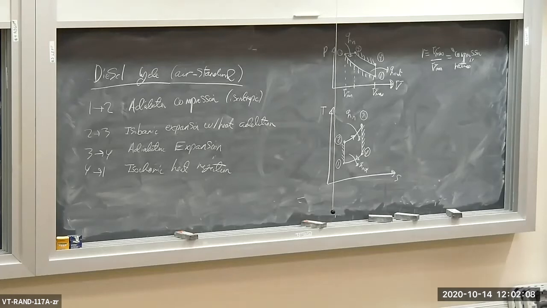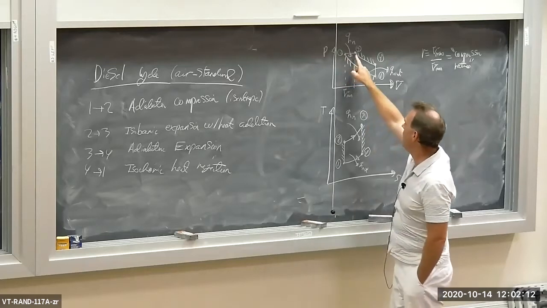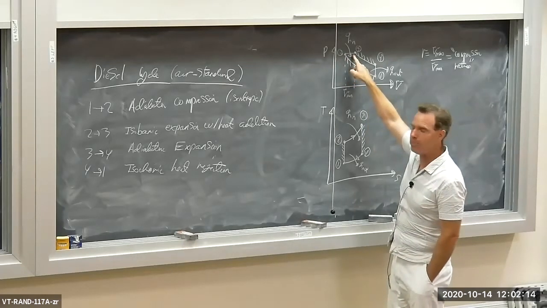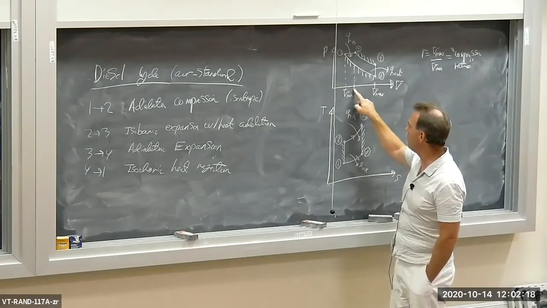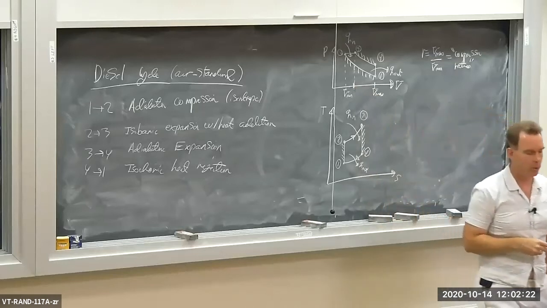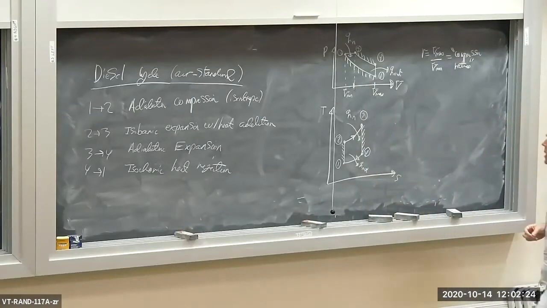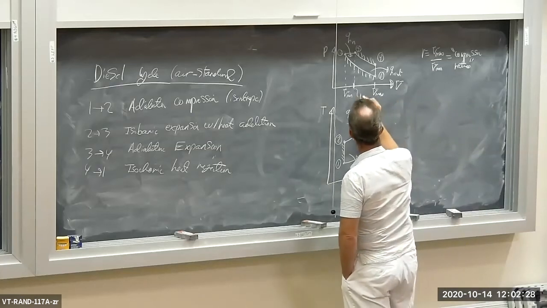But we have another volume here, this V3 volume. This is the volume at which the heat addition stops. So not only do we have Vmin and Vmax in the cycle, but we have this other volume that describes the heat addition process, or how extensive the heat addition is.